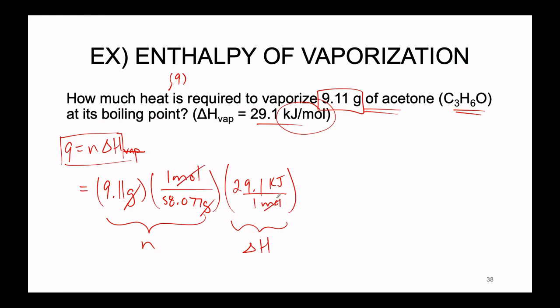So if we get into the mole, we can easily jump out of the mole, and our final answer will be in kilojoules. Either way, whether you're using an equation or dimensional analysis, you're going to get the same answer, assuming your units cancel out properly. So the final answer for how much heat is required is 4.56 kilojoules.